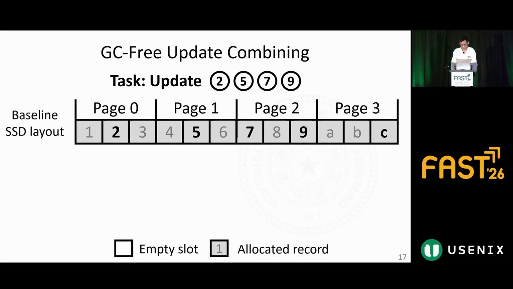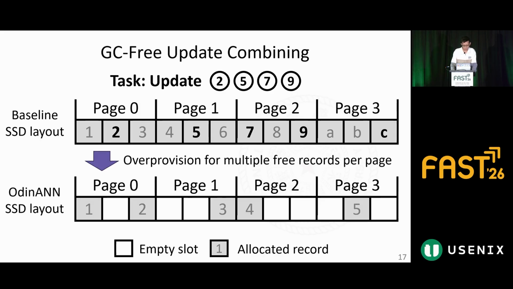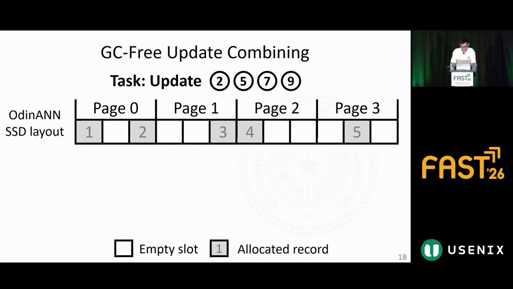Based on this idea, we do over-provision in the SSD layout. By default, we preserve 2 times of the space, then each page, on average, contains a half of empty slots. Then, we could merge updates in the multiple free slots of a page.